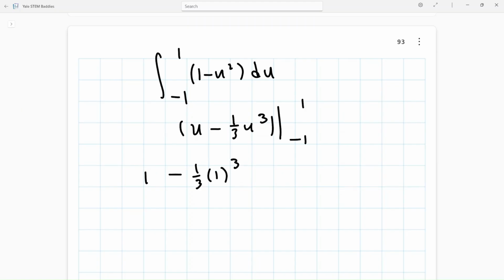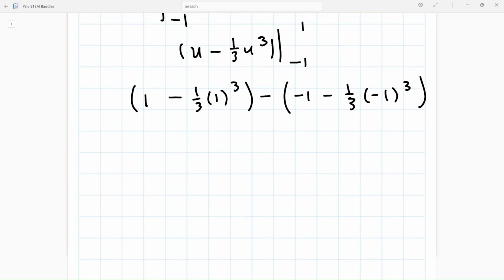So this, and then we subtract, evaluated at -1. -1 cubed. Okay, there's a lot of negative signs here. We want to be careful about our signs, but if we distribute this negative here, we're going to get +1 plus 1/3 times -1 to the power of 3.